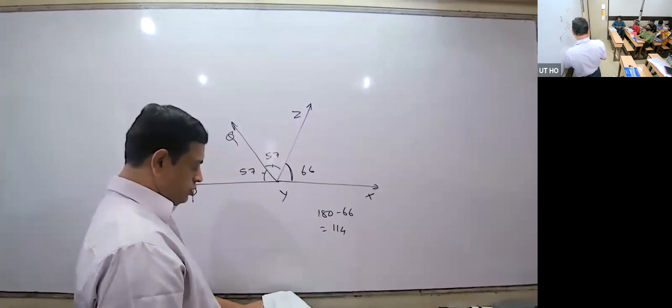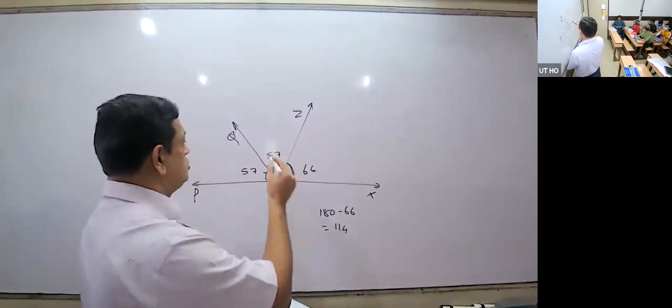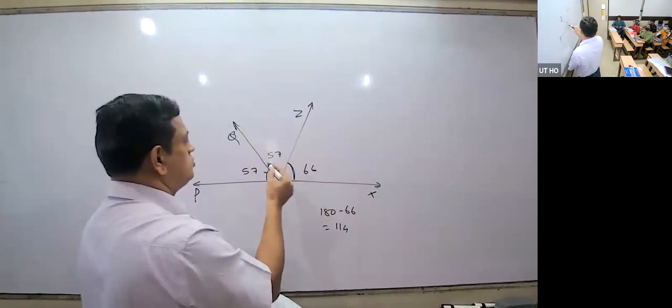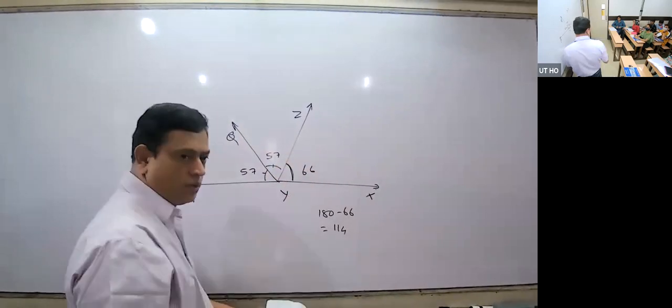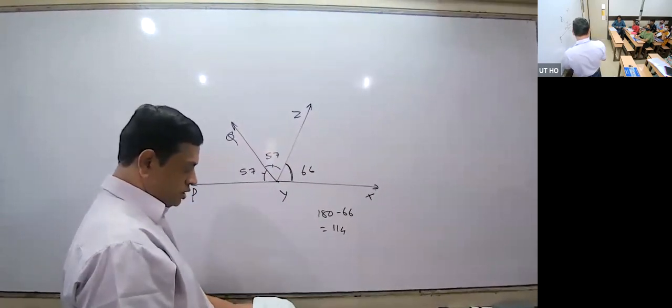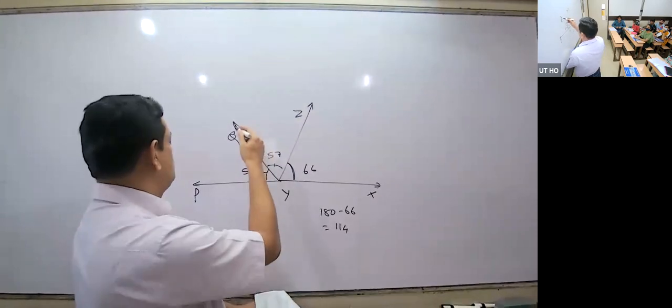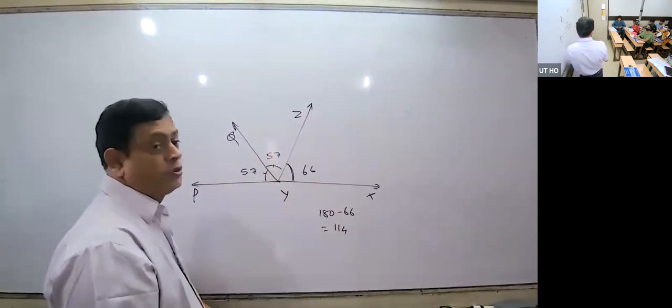Then what do you have to find out? Angle XYQ. XYQ is 66 plus 57, and angle QYP is 57. How many marks? 4 marks.